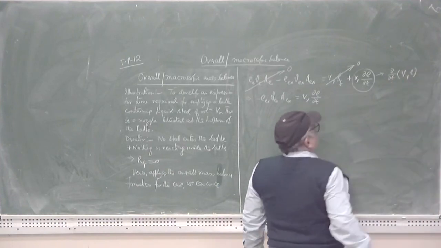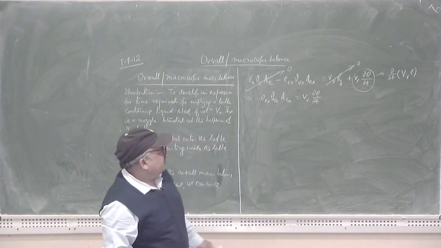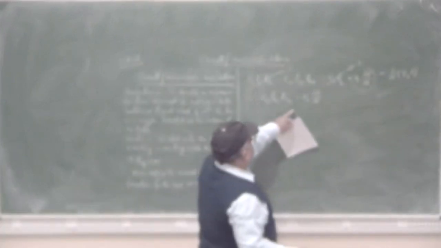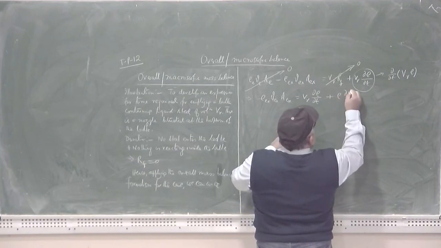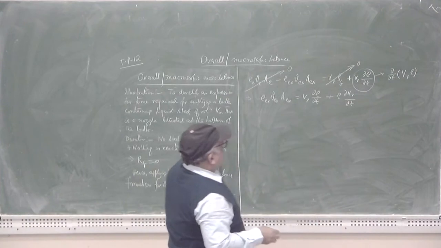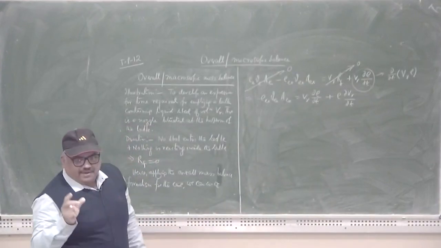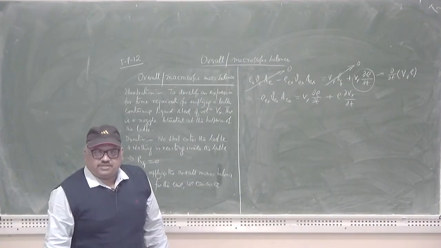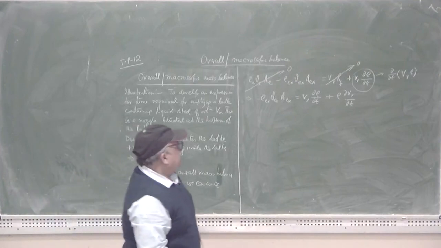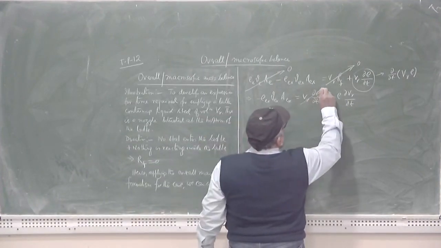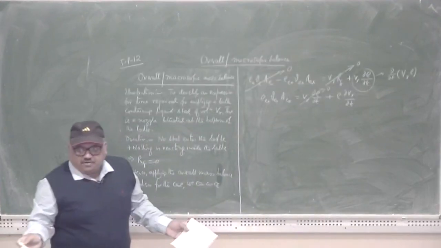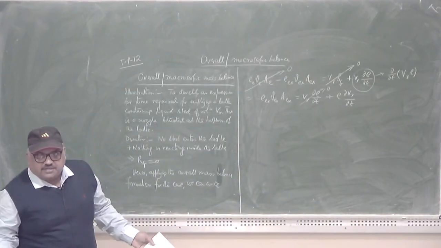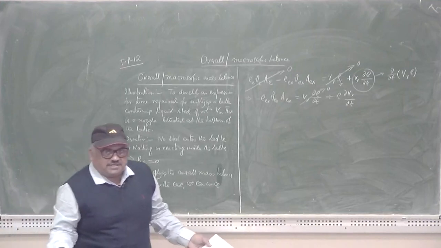So, this quantity can be written as V_R d rho by dt plus rho dV_R upon dt. Now, if I assume the incompressible nature of the steel, then the first quantity tends to 0, and rho is taken as a constant because it is incompressible. So, rho does not change.